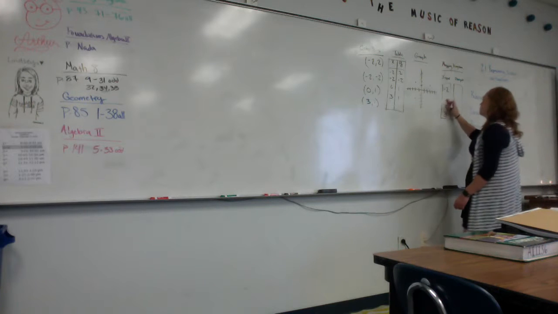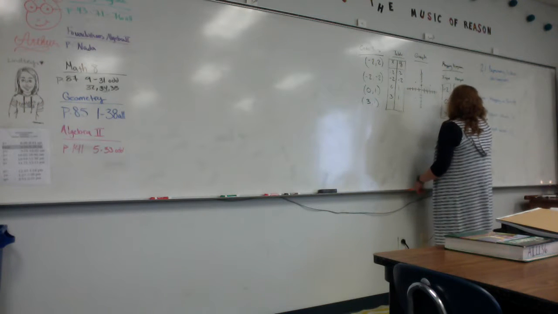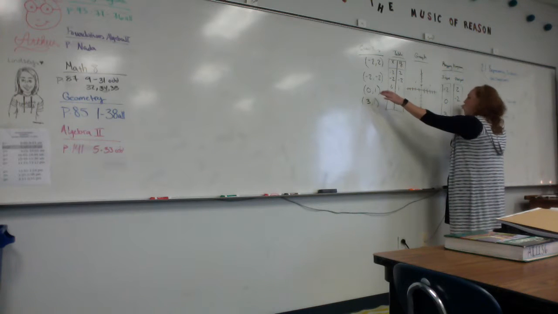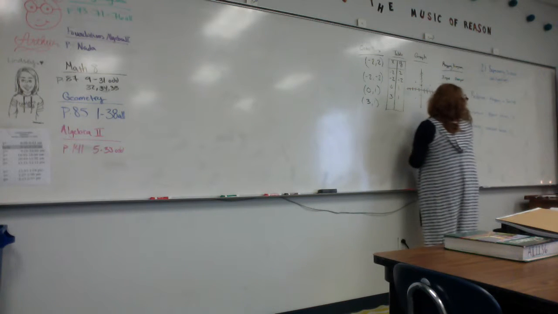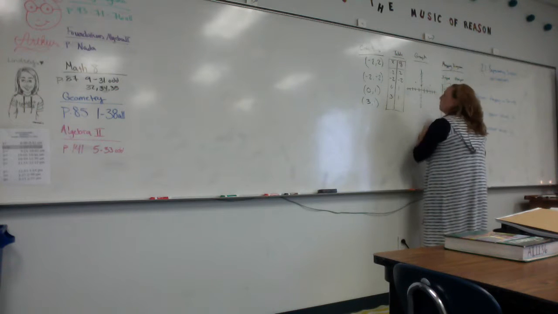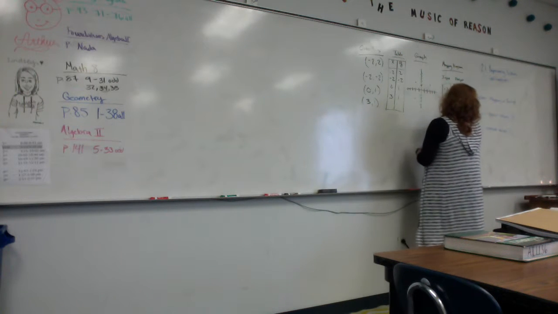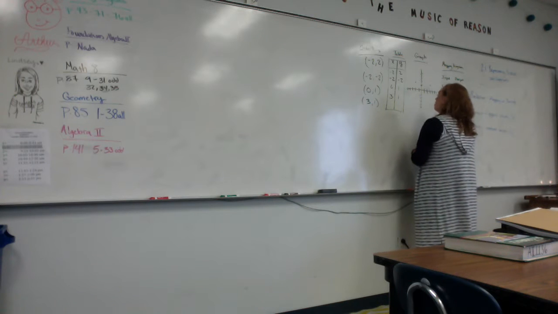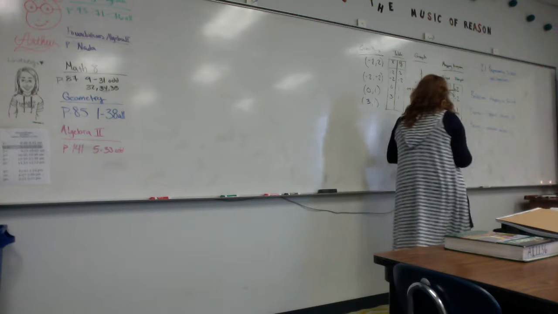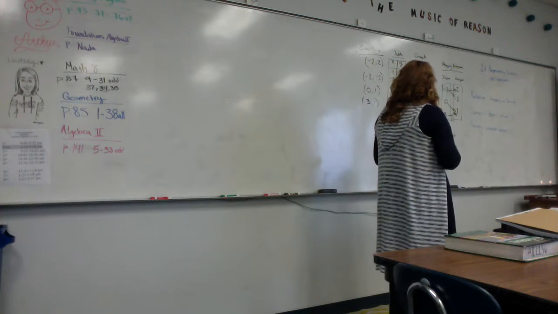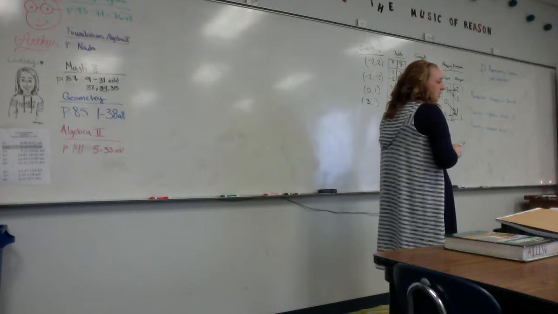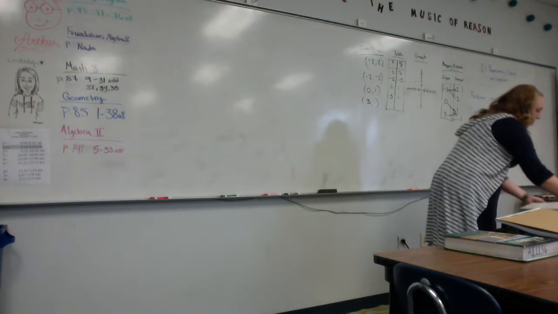I can just list it once. My outputs are 2, -2, and 1. So you would draw arrows representing where they go. 0 goes to 1, 3 goes to 1. So it shows you your inputs and your outputs. That's called a mapping diagram. Those are the 4 ways we're going to look at things today.